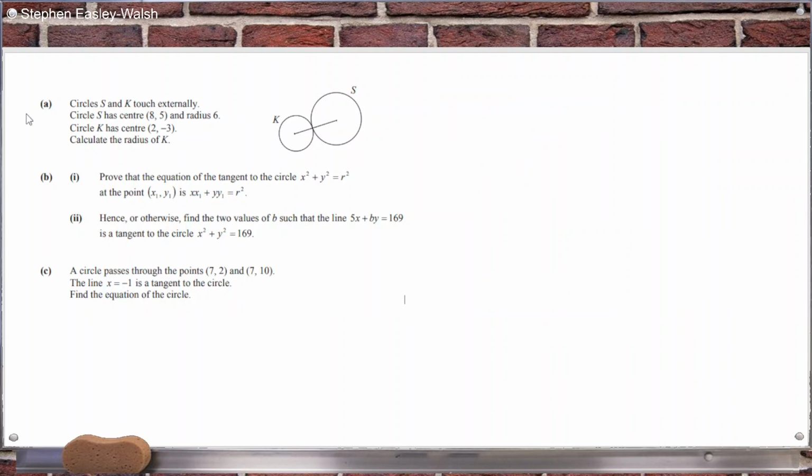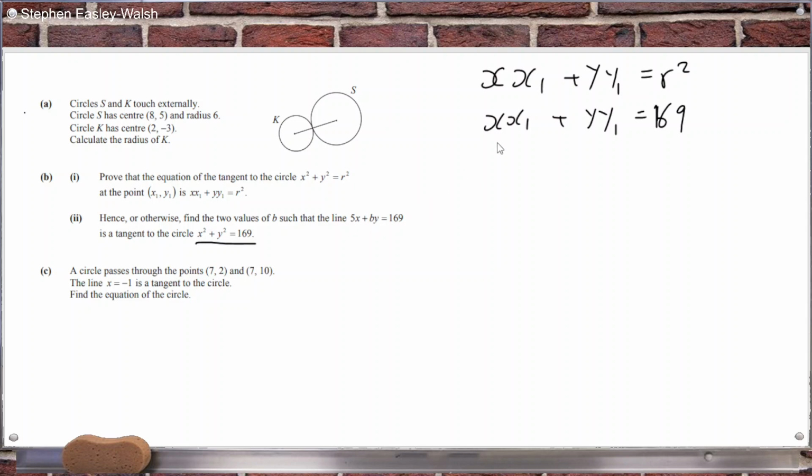Hence or otherwise, find two values of b such that this line is a tangent to this circle. Remember we had the formula x x1 plus y y1 equals r squared. So for this circle, it's going to be x x1 plus y y1 equals 169.